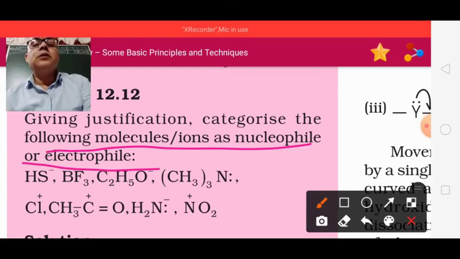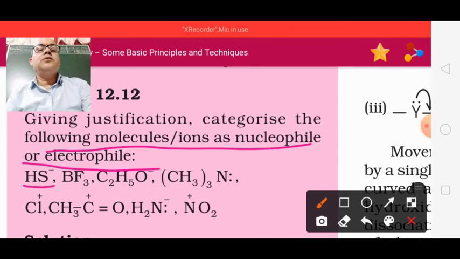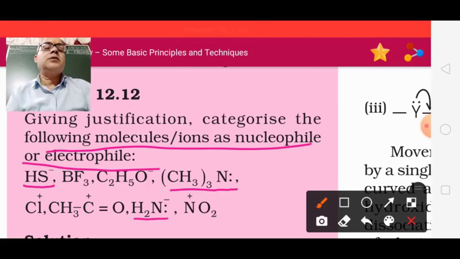Suppose here you see HS minus, it has a negative charge. Now you see here CH3 thrice and one lone pair here. Similarly, you can see NH2 minus.